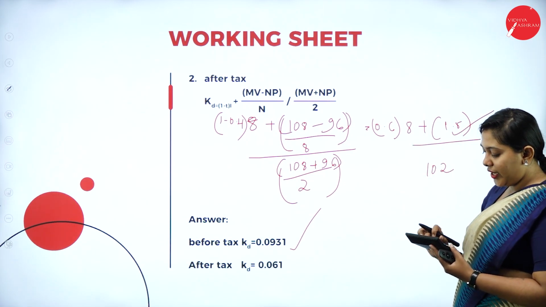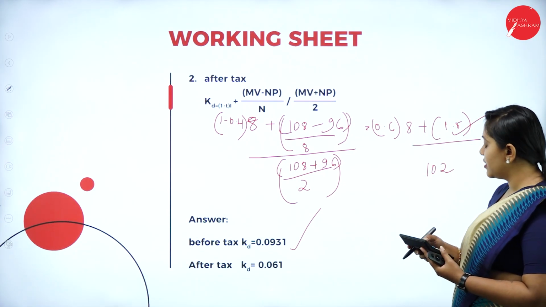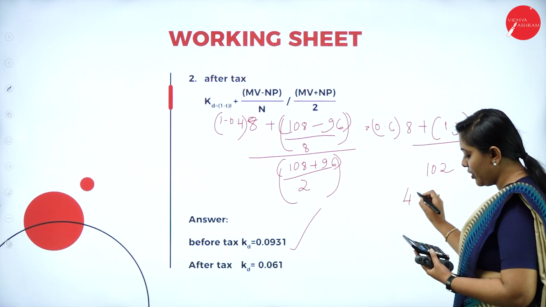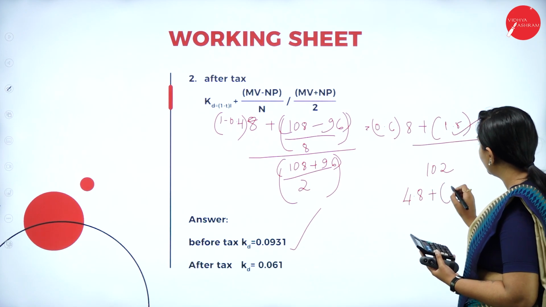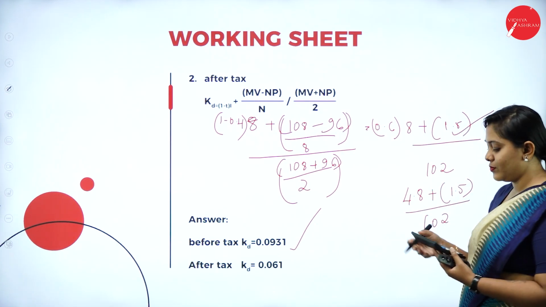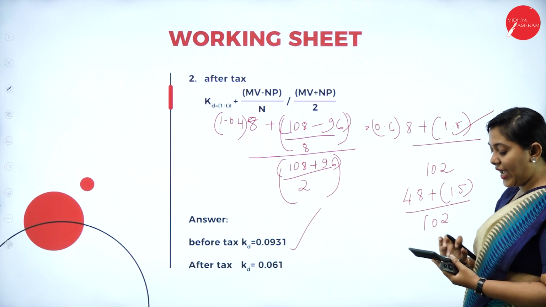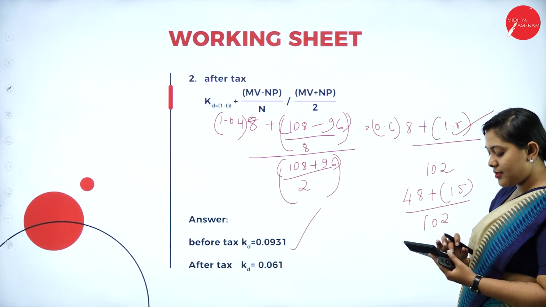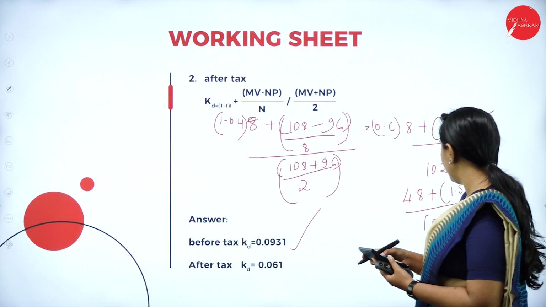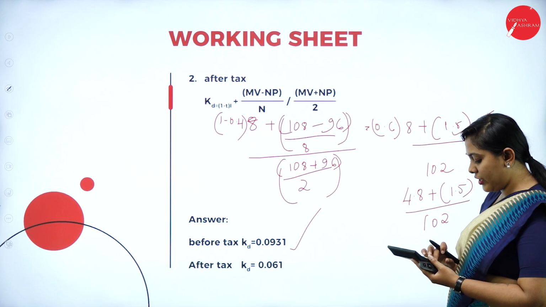So 0.6 into 8 is 4.8, plus 1.5 is 6.3, divided by 102.